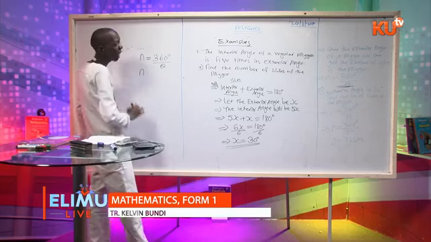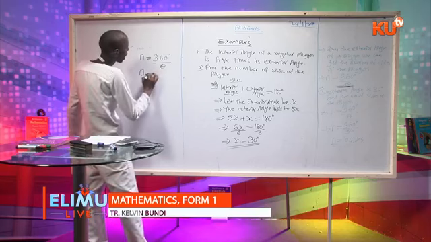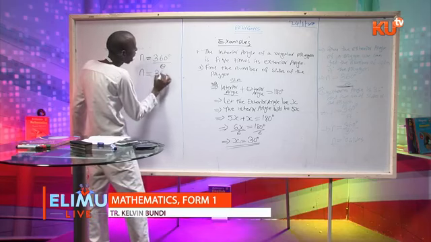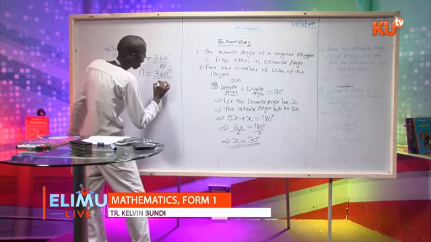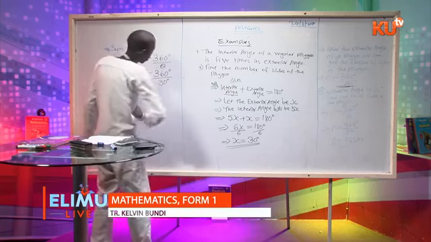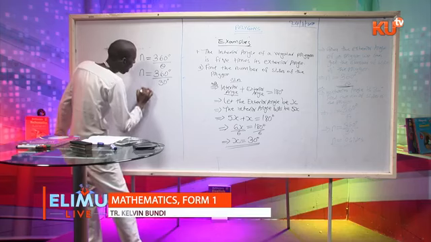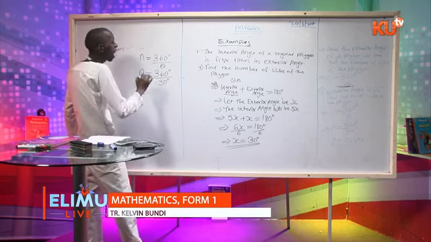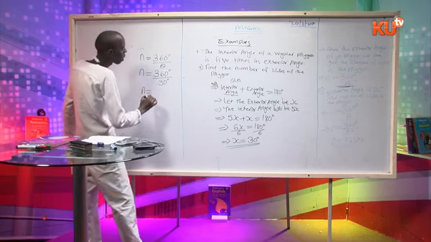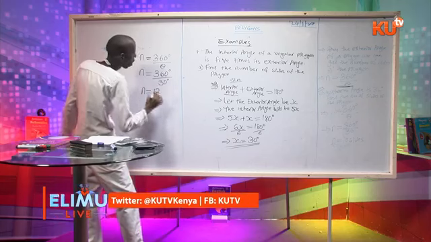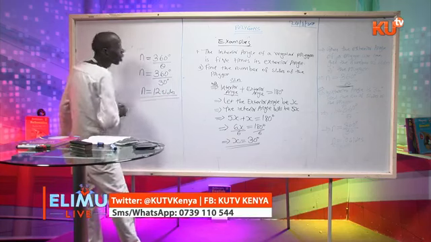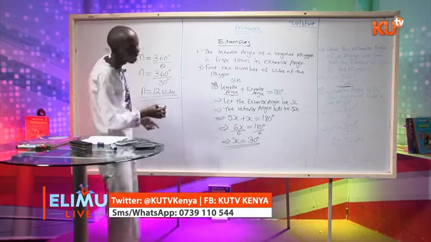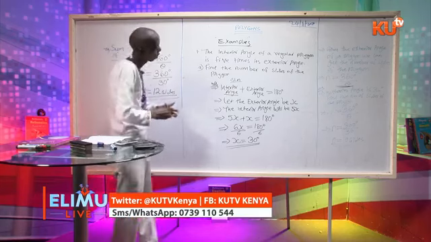Therefore, the number of sides of that polygon is equal to 360 degrees divided by 30 degrees. Hence, n is equal to 360 degrees divided by 30, which is 12. Therefore, the number of sides of that particular polygon is 12 sides.